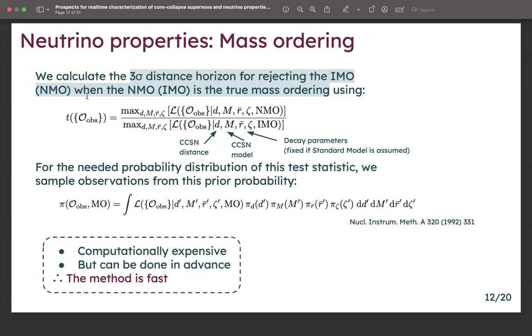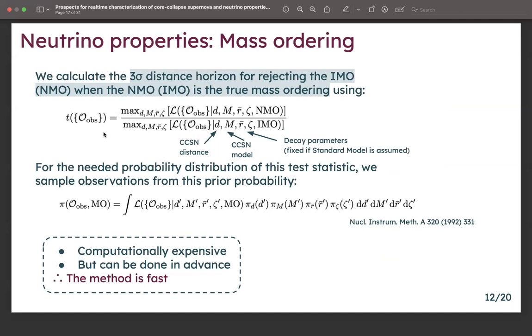Okay, so let's start, as I said before, with the mass ordering. What we did here is calculate the 3 sigma distance horizon for rejecting the inverted mass ordering when the normal mass ordering is the true one, and vice versa. For this, we use the statistic over here.